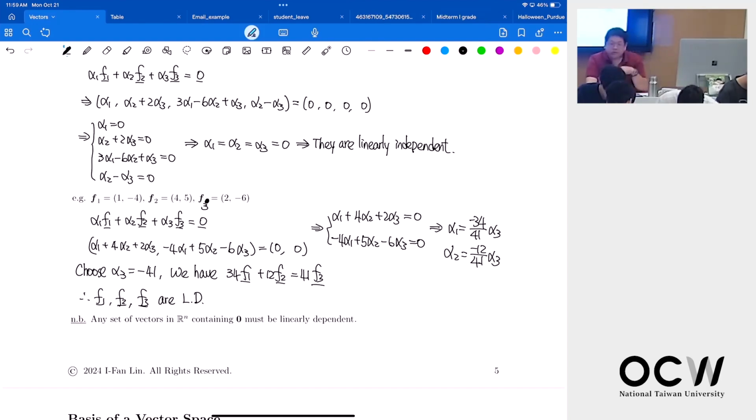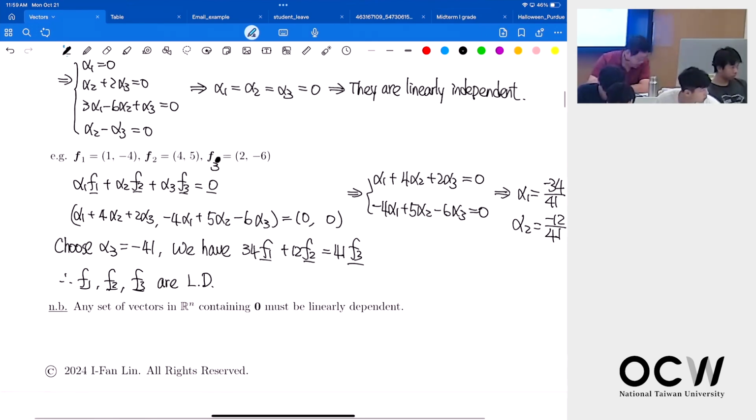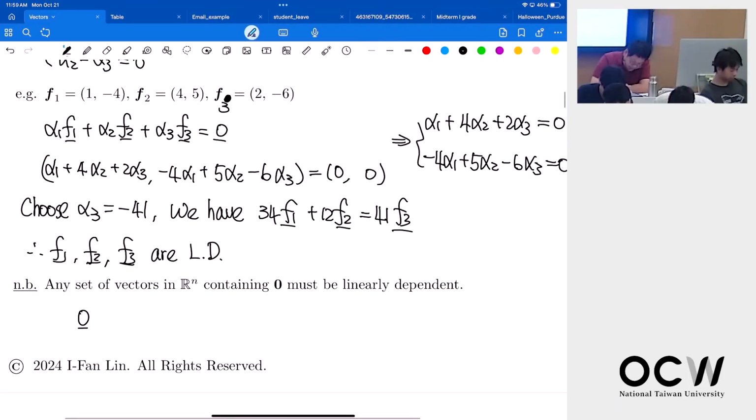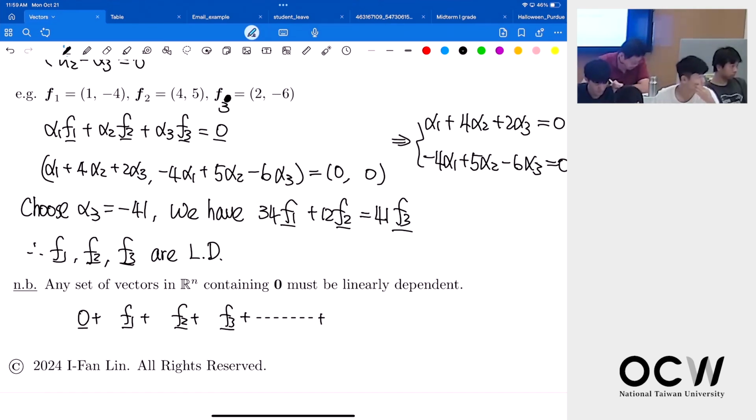So here's a note. If you contain the 0 vector in your set, then it will be linearly dependent, because you have f1, f2, f3, up to fk, and the 0 vector.